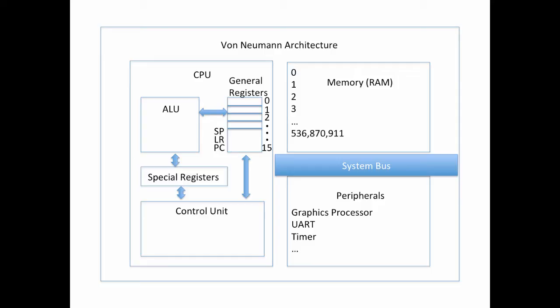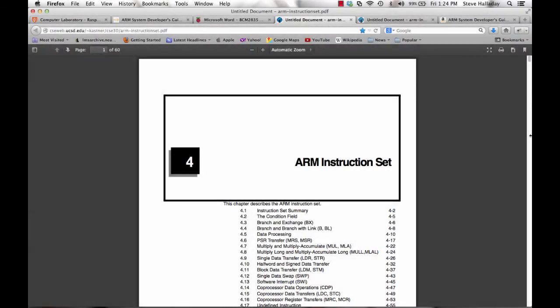To simplify our life, the ARM processor actually has a store instruction which will allow us to take a value that's in a register and push it out to that GPIO controller. And so we'll look at how we encode that store instruction into machine language so that we can write something in the GPIO controller. Before we investigate the store instruction, let's first look at how we encode instructions into machine language.